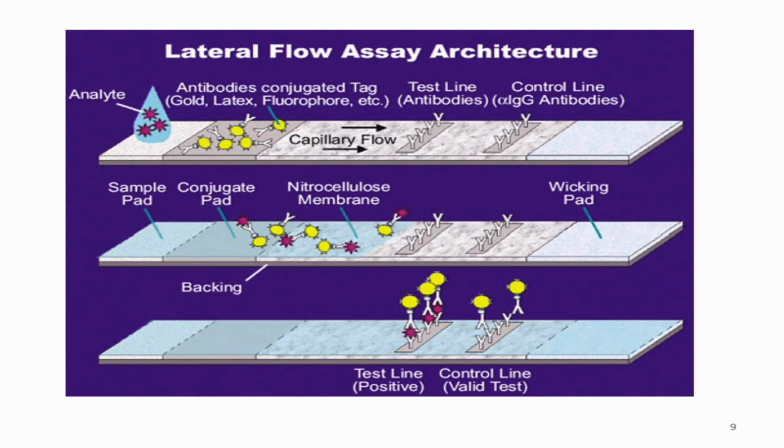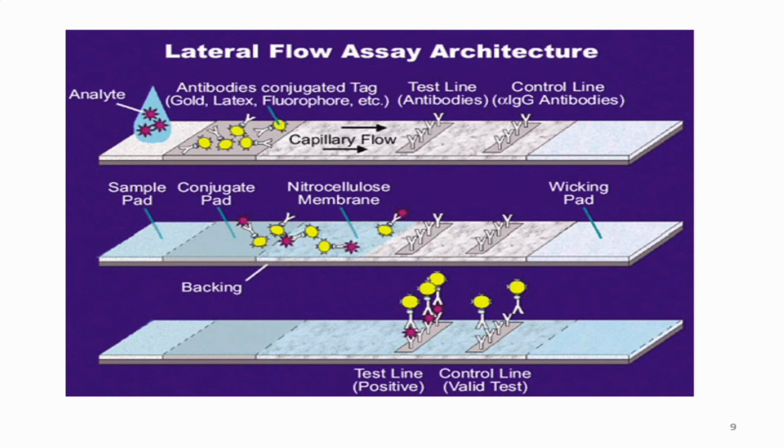And then we put our sample that may or may not contain the SARS-CoV-2 antigen there. So remember I put the little drops on? That was me putting on some liquid. And then I put the thing on my nose.